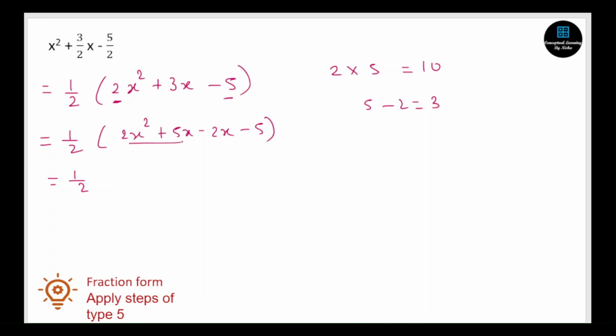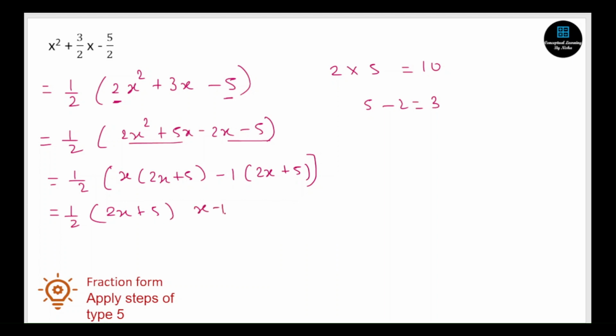Grouping and factoring. The common factor is x. I'll get 2x plus 5. Here minus 1, 2x plus 5. And we can complete this. So 1/2, 2x plus 5 and x minus 1 are the factors.